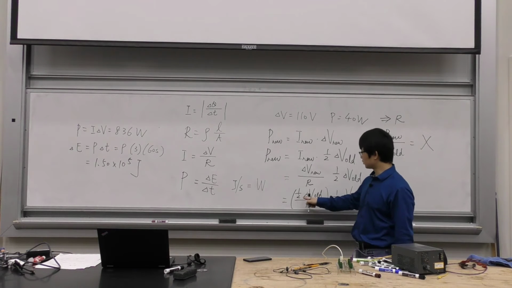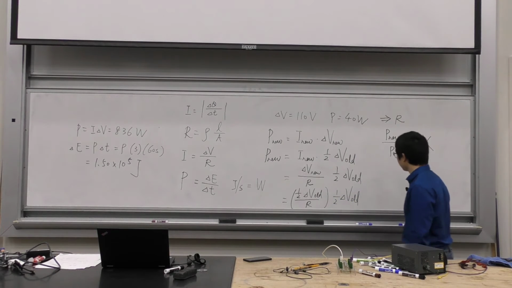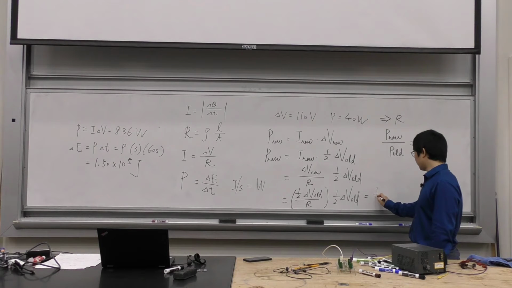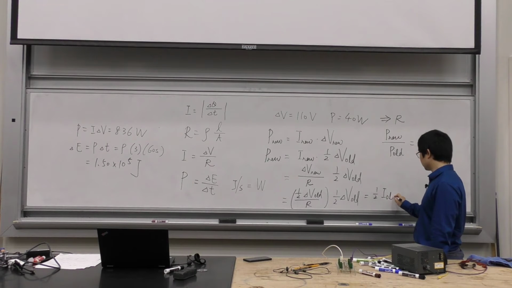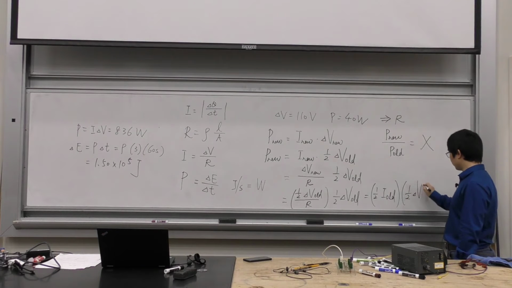Now you see that this is just 1/2 the old current, right? Because the old voltage divided by R gives you the old current, okay? So that means you actually get 1/2 the old current times 1/2 the old voltage.